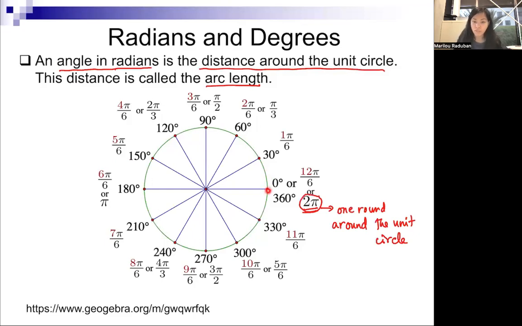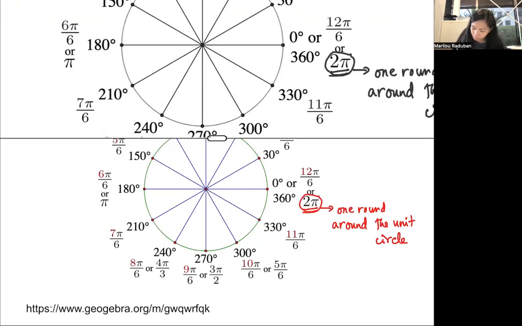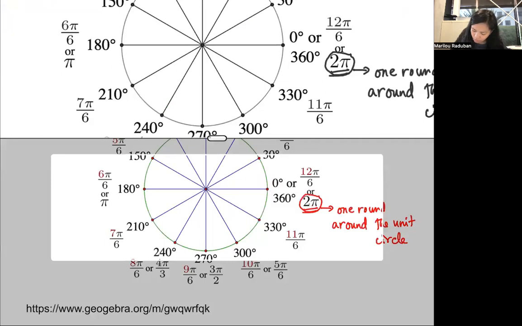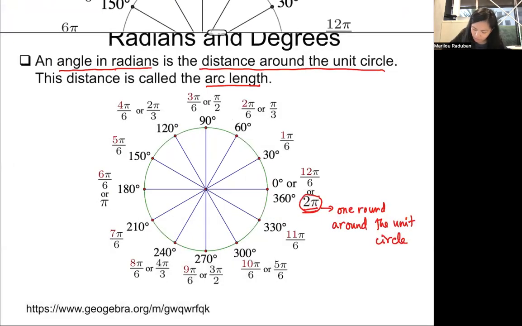That's an arc length, or a distance, of 2 pi, the circumference of the unit circle. Let's put this as the origin, or reference point.